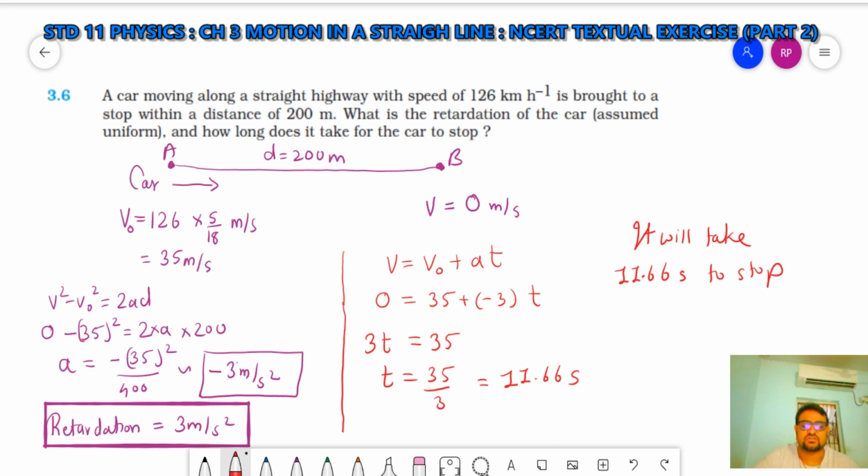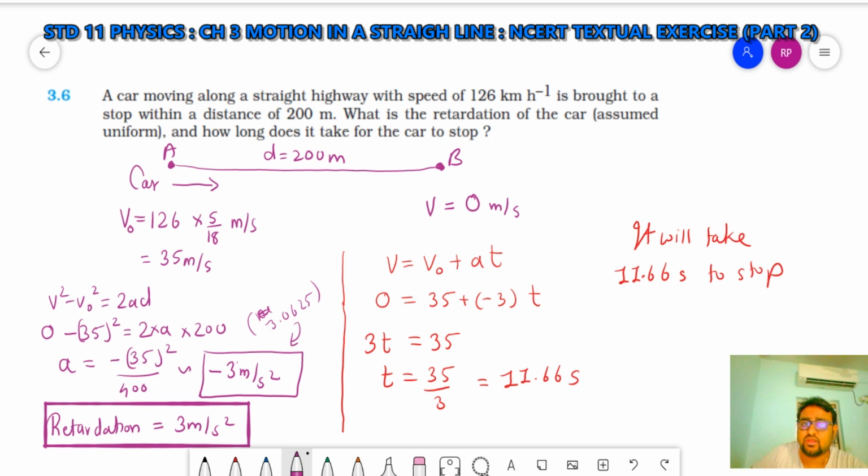The answer was approximately 3.0625, and we took the round figure. If you take 3.0625, that will be near to 11.4. Clear? So now note down question number 3.6.